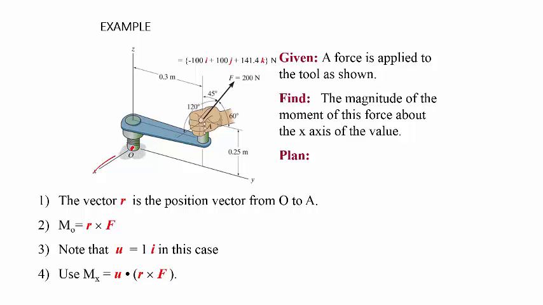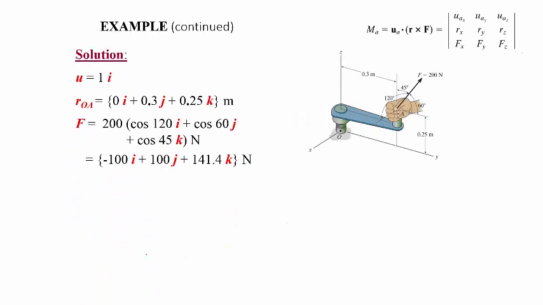It's always good to do it from here. So we'll do the cross product, R cross F, and then you can do the dot product with UX, because in this case it's along the X, so this is the vector 1I, 0J, 0K. Okay? So let's do this.